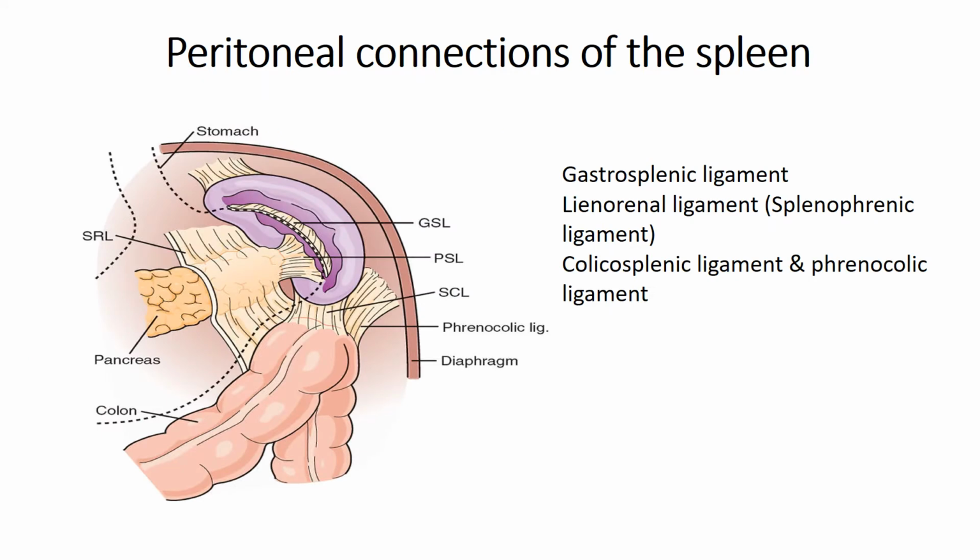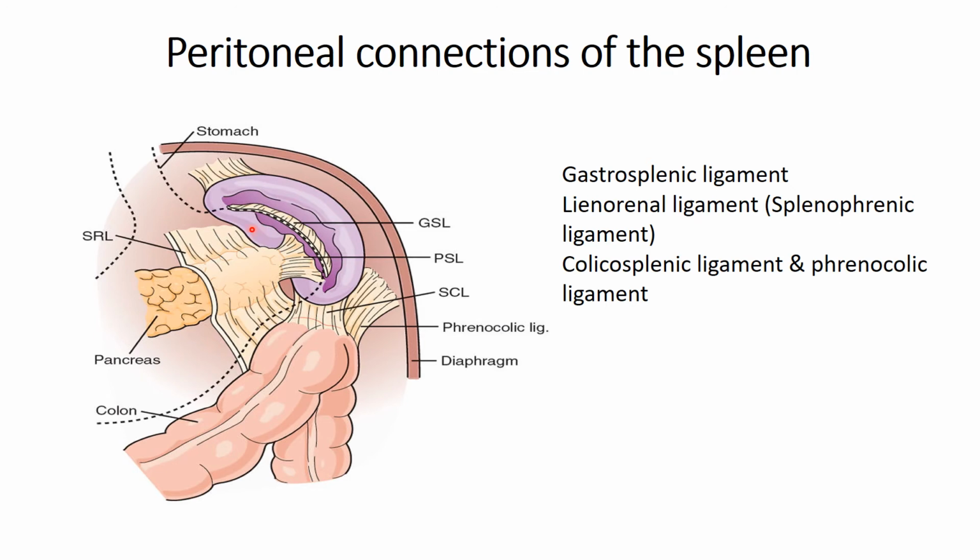The spleen, as it develops in the dorsal mesogastrium, is wrapped all around by the visceral peritoneum, and the bilayered fold of the greater omentum passes from the left side of the greater curvature just above the hilum of the spleen as the gastrosplenic ligament.